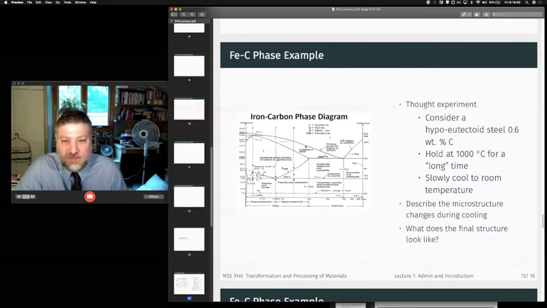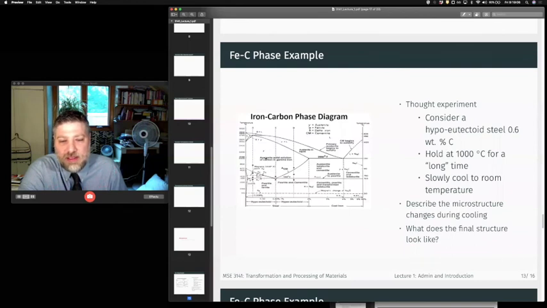Well, as you slowly cool, the structure is going to become a lot more, I don't know what the word is, defined, for one thing. It's going to change from a solid austenite solution into a mixture of austenite and, well, not austenite, alpha and, was it gamma phase?